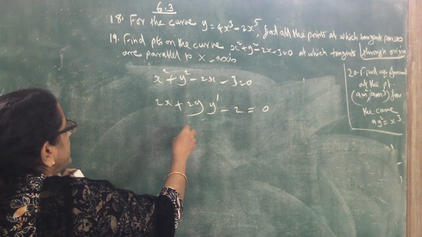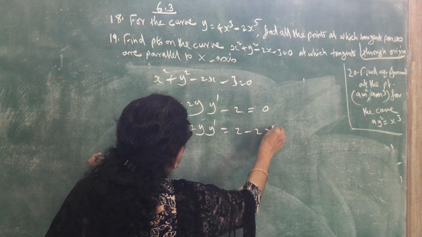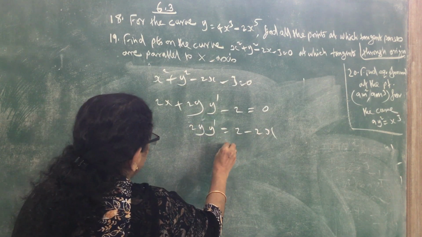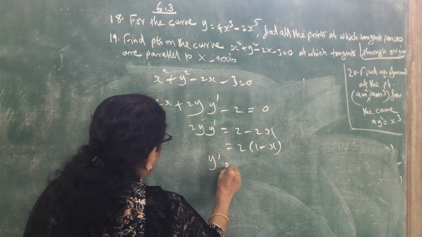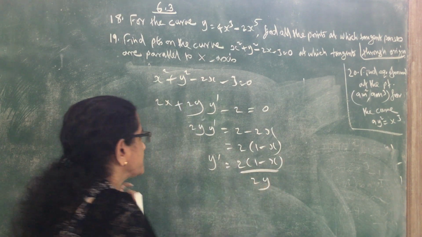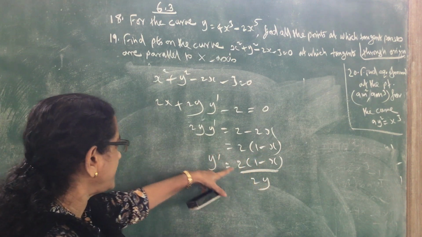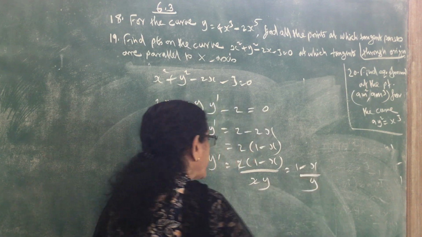So from this we can find 2y y dash equal to 2 minus 2x, that is equal to 2 into 1 minus x. So y dash equal to 2 into 1 minus x divided by 2y. So cancel 2. So we get (1 minus x) by y.